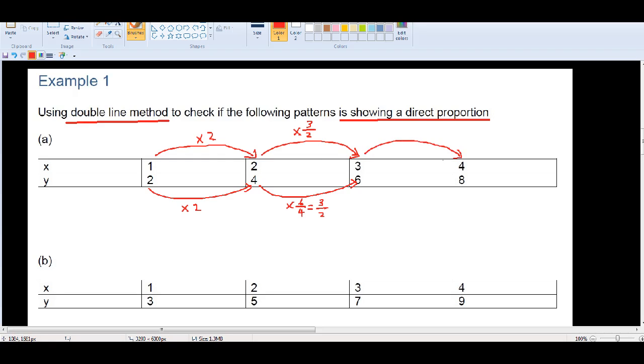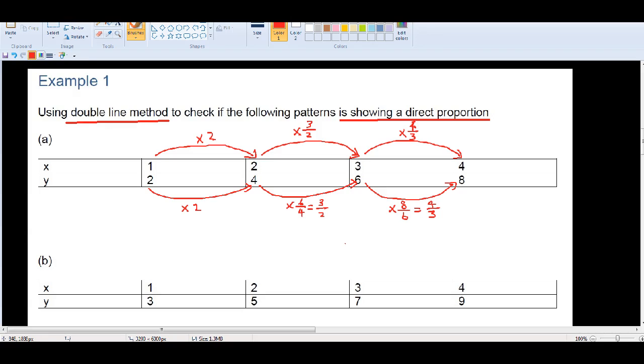The last one, from 3 to 4, you times 4 over 3. Does it happen to 6 to 8? From 6 to 8, we times 8 over 6. But when you simplify 8 over 6, it's also 4 over 3.